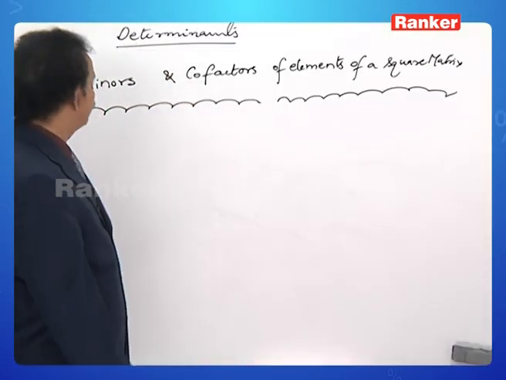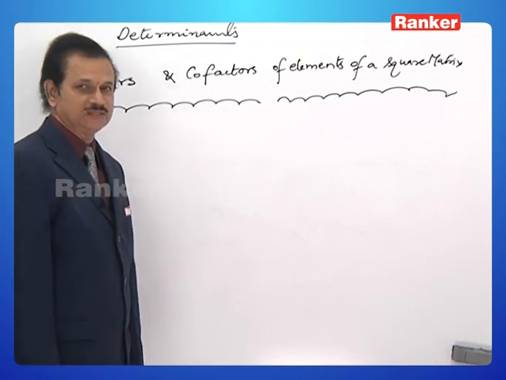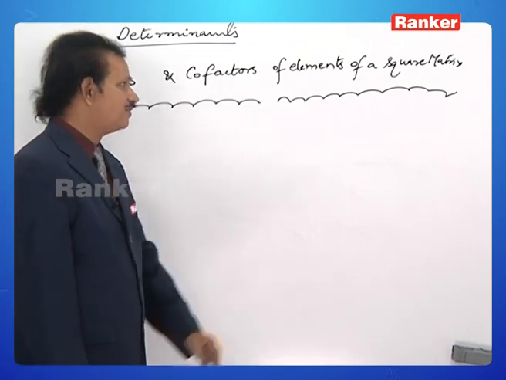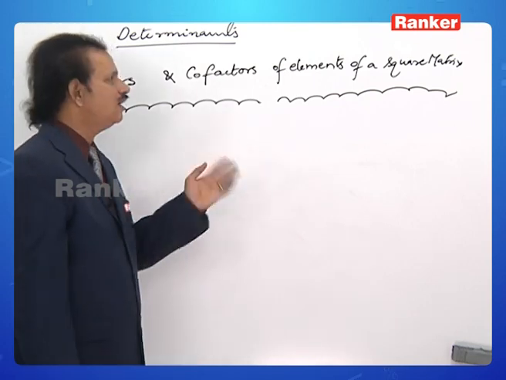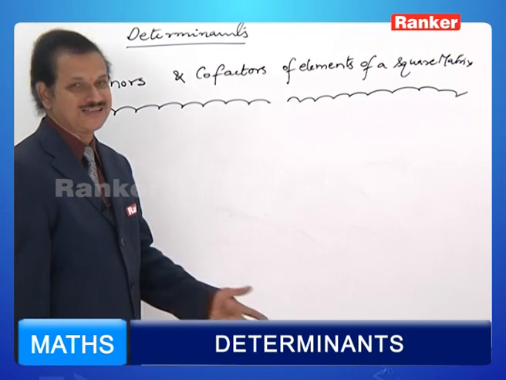Observe the heading. We are going to learn the two words, minors and cofactors of elements of a square matrix. How to define them, how to calculate them.